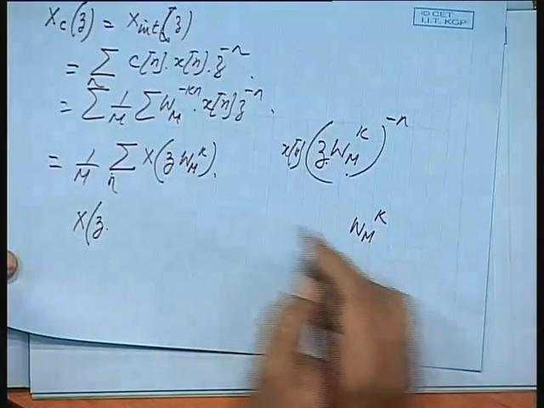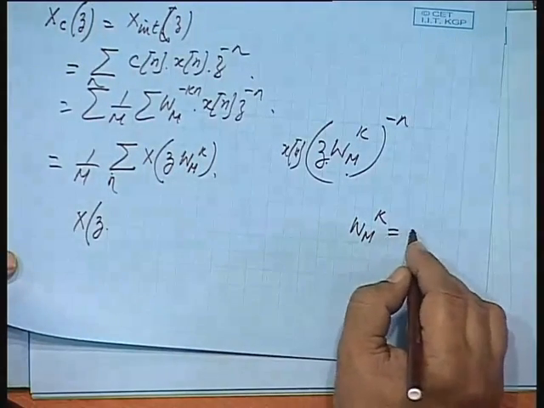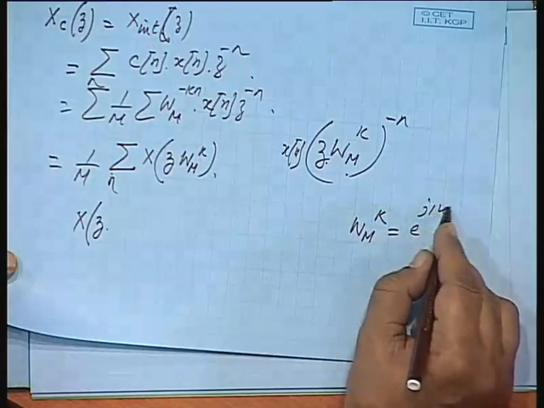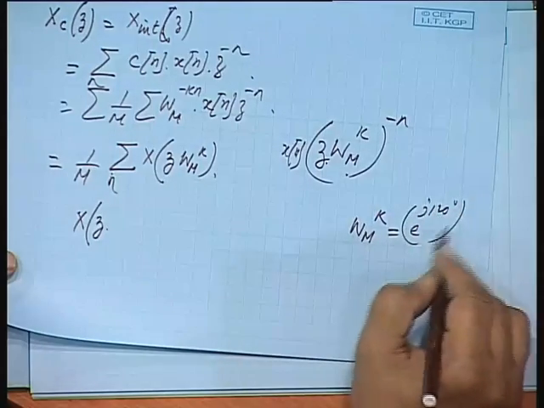Z W M K will be e to the power j 120 degrees to the power k.